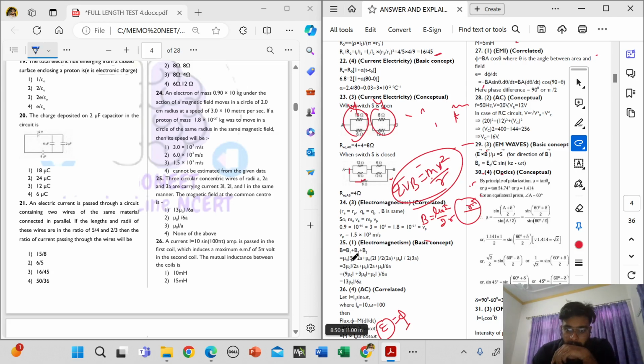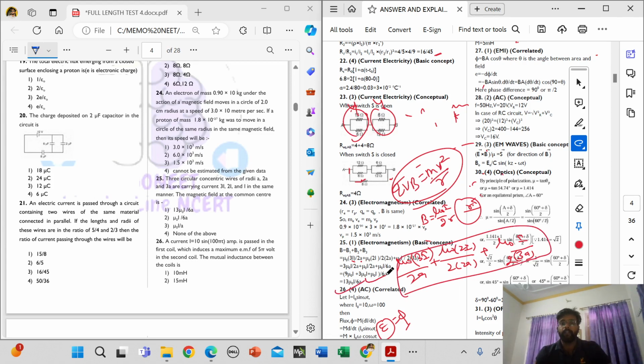So the first one has 3I current and a radius, the second one has 2I current and 2a radius, the third one has I current and 3a radius. Adding them up, we get the answer 13 mu naught I upon 6a.